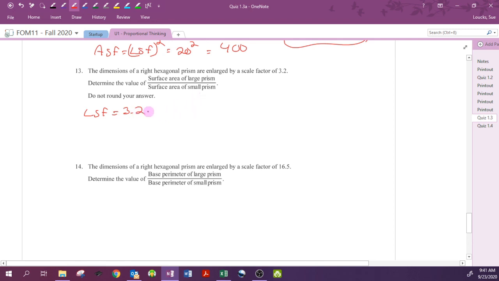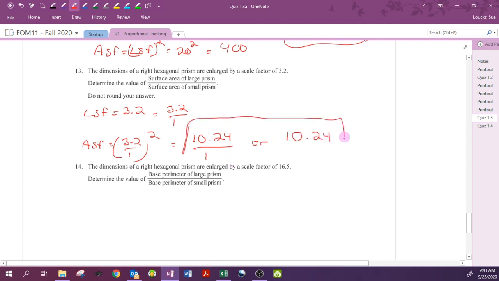If I want to write that as a ratio, it's 3.2 over 1, right? So the area scale factor is going to be 3.2 over 1 squared. So it's 10.24 over 1. So the value of that is actually just 10.24. But I would accept either of those.